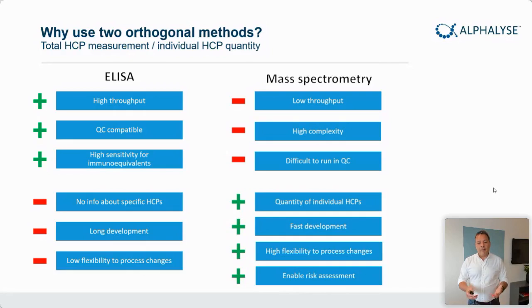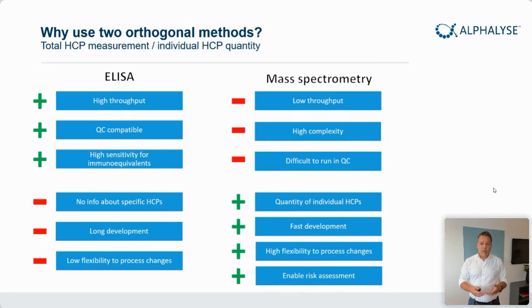I will start with the positives about using mass spectrometry for host cell proteins, because with mass spec you can get quantification of individual host cell proteins. Also, it's very fast to develop the method, typically within weeks. It's very flexible to process changes. So if you make changes or add proteins, you can easily update the protein database used with the mass spec data, and then you can use the exact same assay.